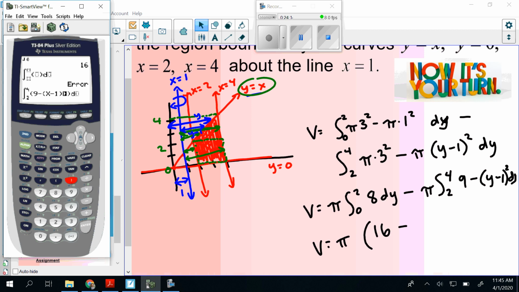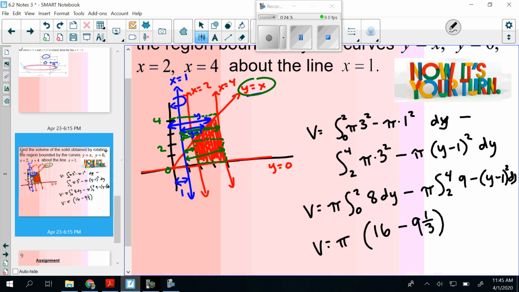Close that parentheses, don't forget the squared, and then we want the dx, even though it's dy, we're using dx on the calculator. So that amount's going to be 9.33333. Now let's subtract those. Okay, so we know this is going to end up being 9 1/3 here.